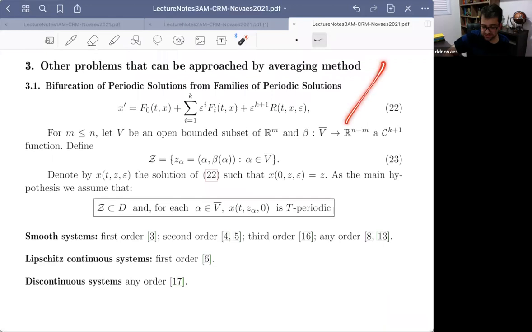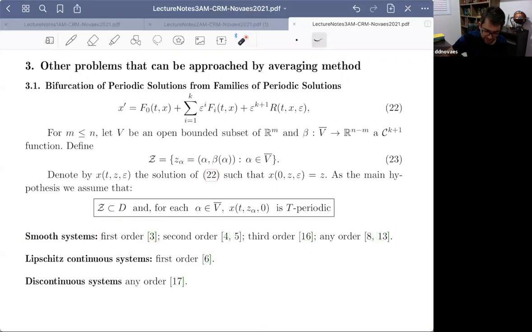For this problem, for convenience, I have collected some references here. For the smooth case and a first order analysis of this problem, you can find the results and examples in this paper, from Buica, Jaume Llibre, and Jean-Pierre Françoise.